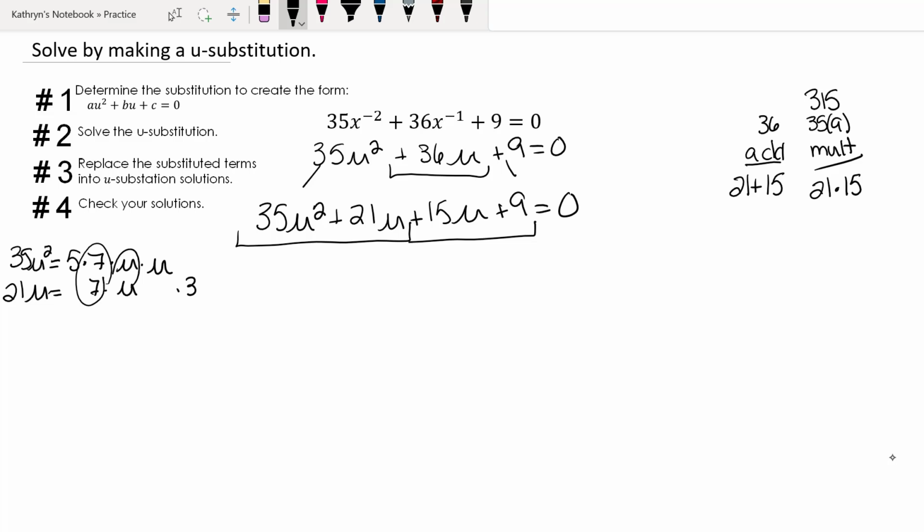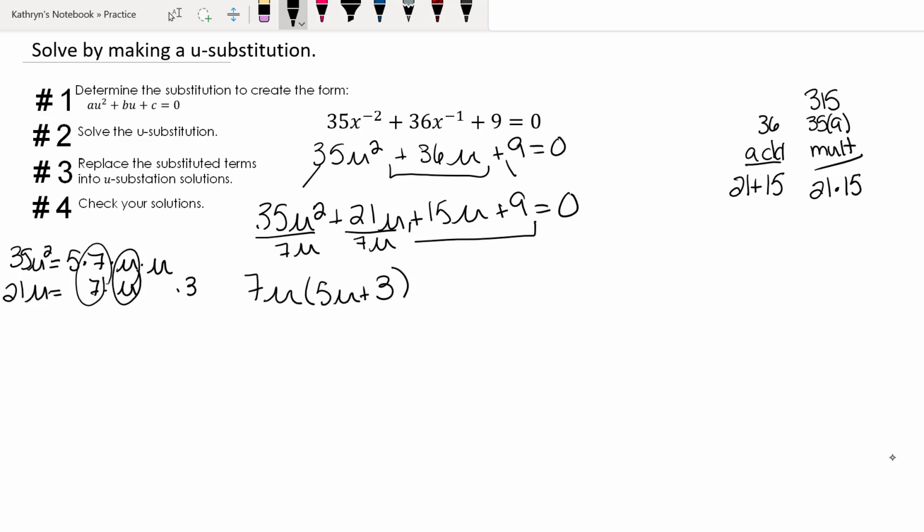So hopefully we can see that 7u is our greatest common factor. I'm going to erase this little piece here, and write 7u with a parentheses. Now I'm going to divide by 7u. So 35 divided by 7 is 5u, because u squared divided by u is u. And then 21u divided by 7u is positive 3.